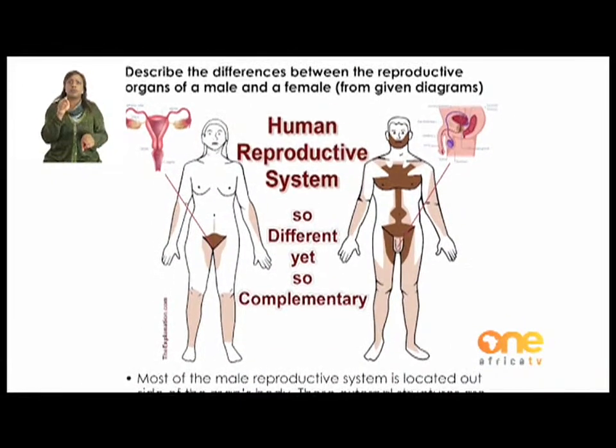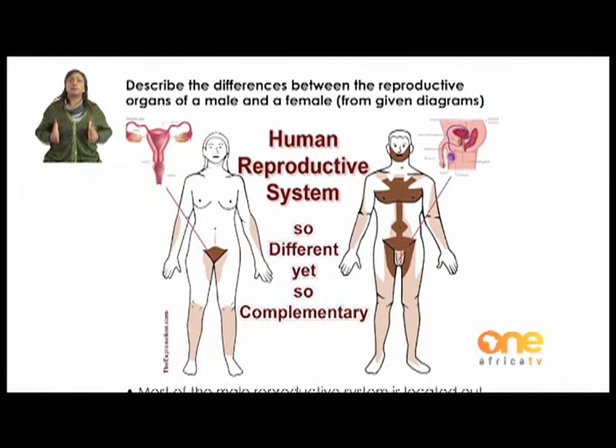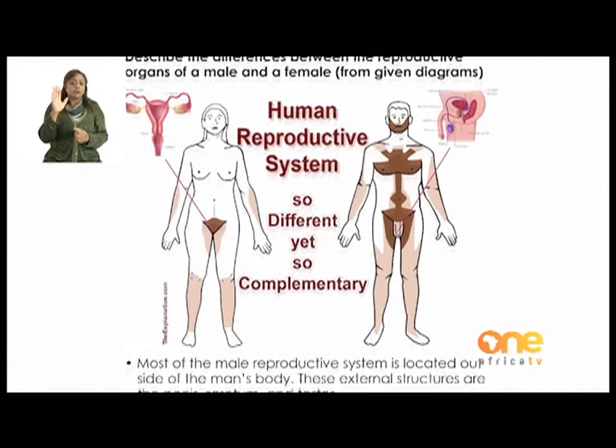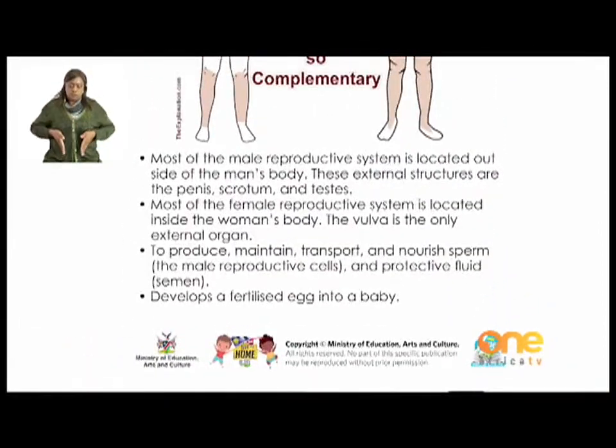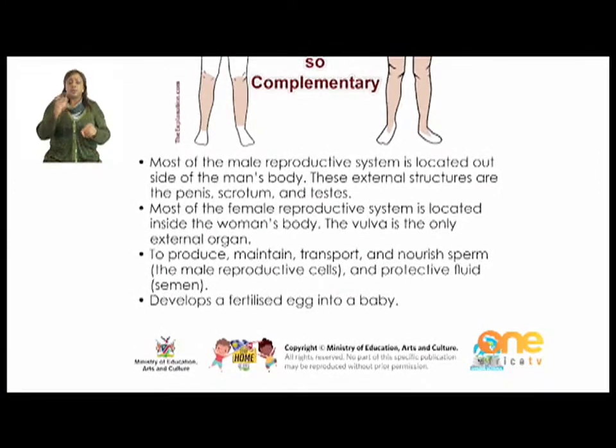The human reproductive system is so similar, and yet it is very different from each other, but there are a lot of complements to these bodies. Now, if you want to state a difference between the reproductive organs of a male and female from a given diagram, then we have to look at the organs that these body systems house.